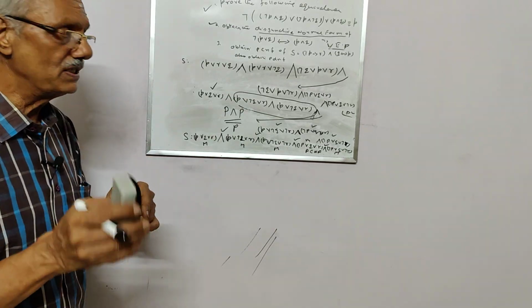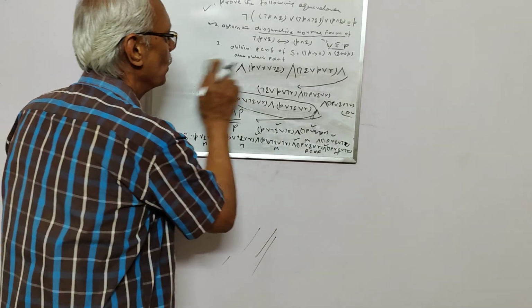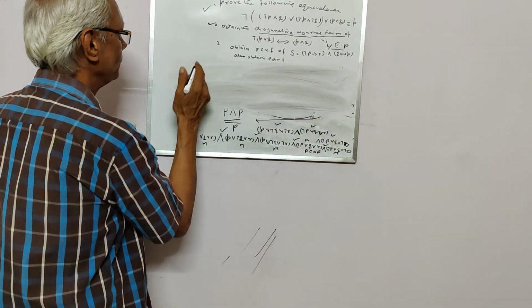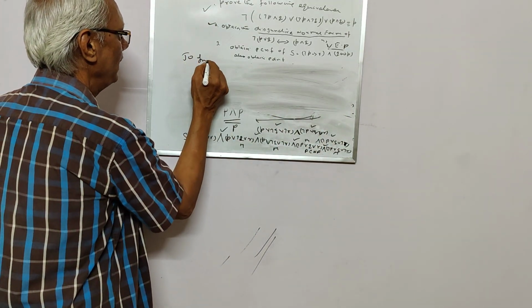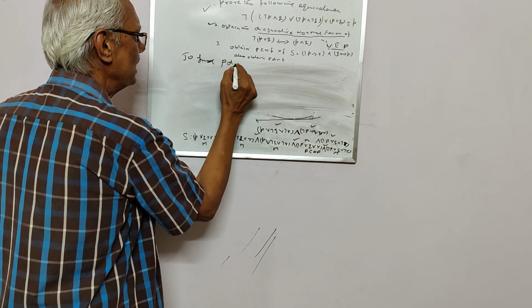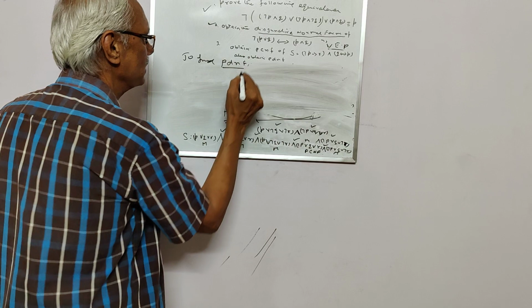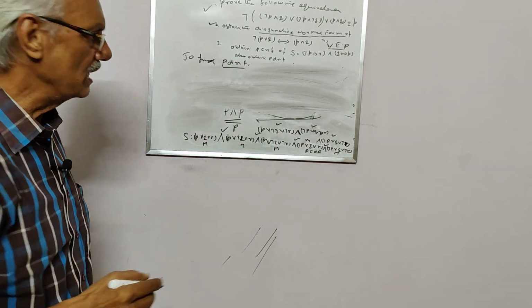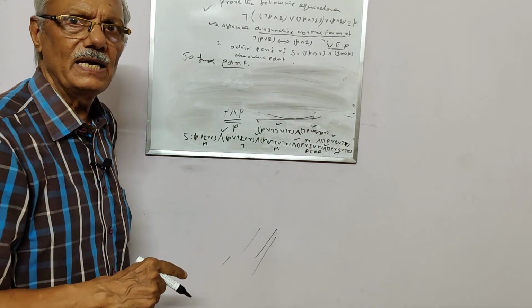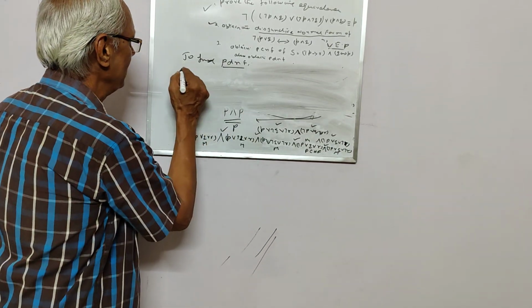Now let me complete with the next part. That means you are asked to find the principal disjunctive normal form. You have found the PCNF. Now I am going to find the PDNF. See the method.